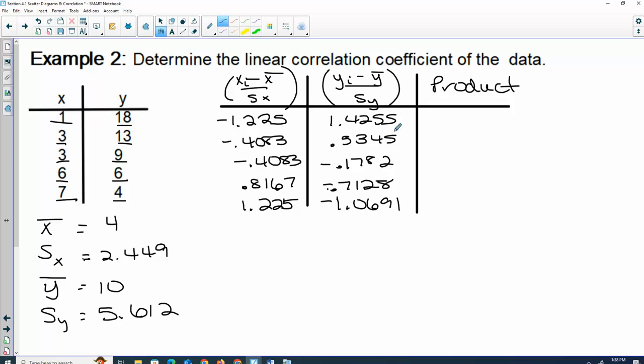-1.0691. Okay, now what we do is we multiply these. So you take your x times your y, and you get your product.